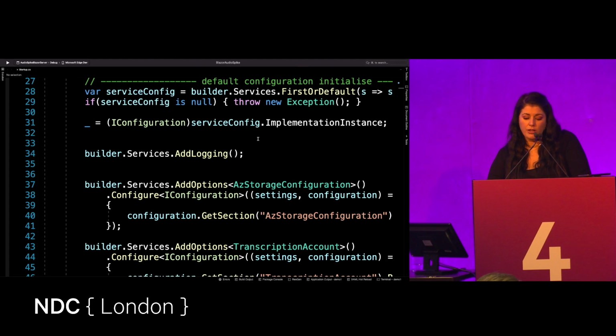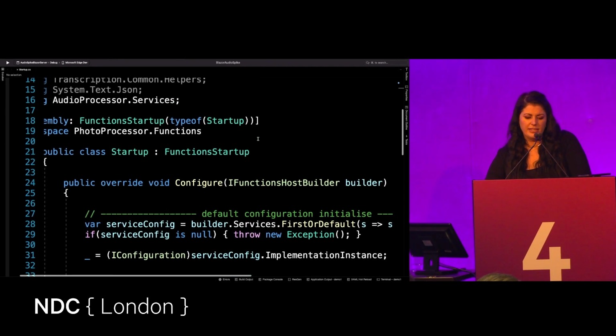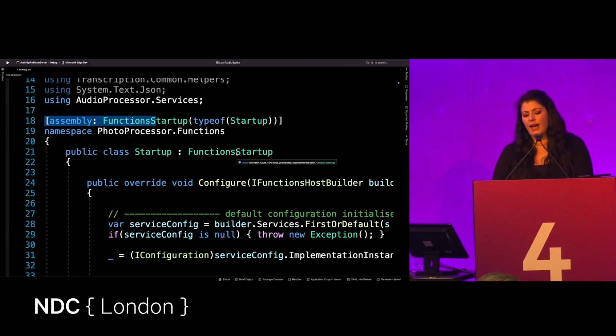So we've got that, so we can use a startup. Now, the way you can get a startup to come in is you have to do a little bit of decorating. We've got this here that goes outside the namespace, and you're telling it to have a function startup here. And then it needs to inherit from function startup, which inherits from, I believe, web jobs.